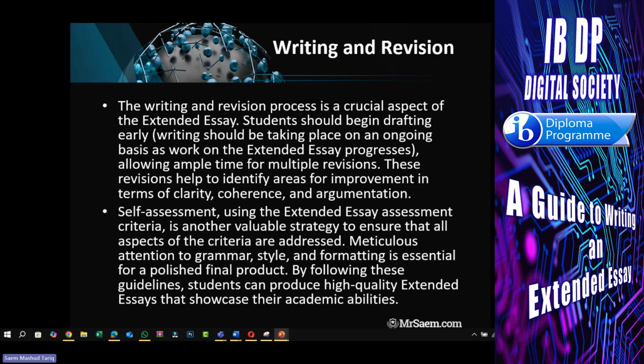Self-assessment actually means that we should be able to go through whatever we have written whenever we have time, and do our own assessment on what we have done. It can be related to the information, the grammar, the style.